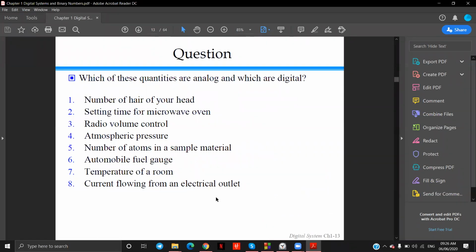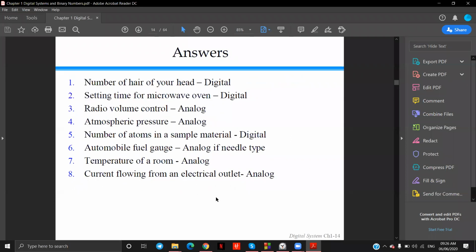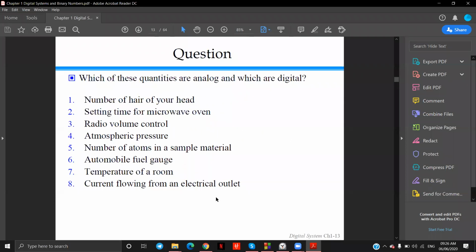Which of these quantities are analog and which are digital? Suppose the number of hairs on your head, it can be digital. Setting time for a microwave oven, it is digital. Radio volume control, it's analog. Atmospheric pressure is also analog.